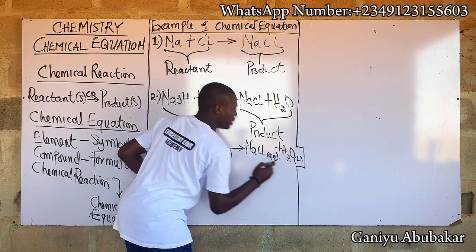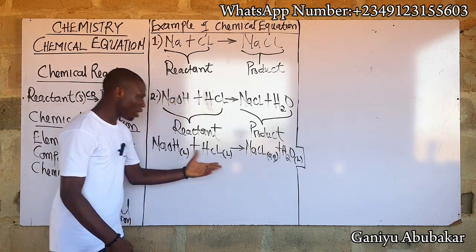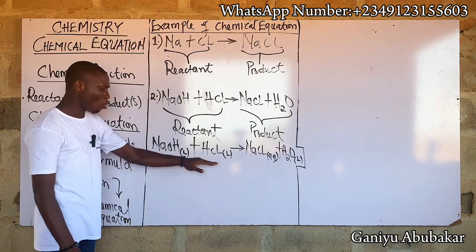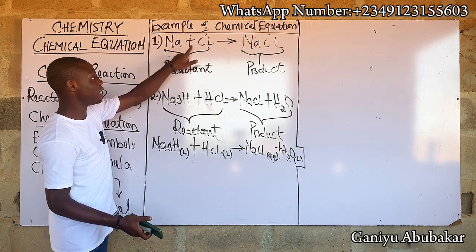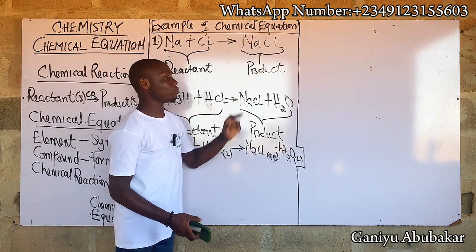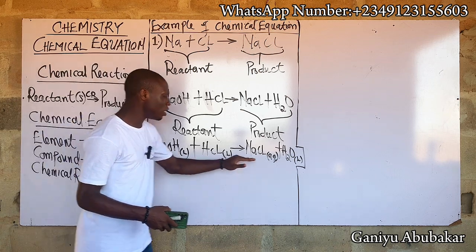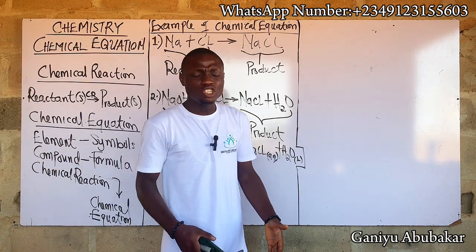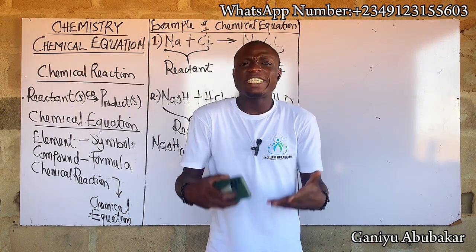So observe in this case now, I'm showing the state of matter for each compound here. This is a compound, right? Not an element. This is an element here, an element to form a compound. Each compound has its state of matter. So when it comes to chemical equation, I can still represent them by their state of matter.